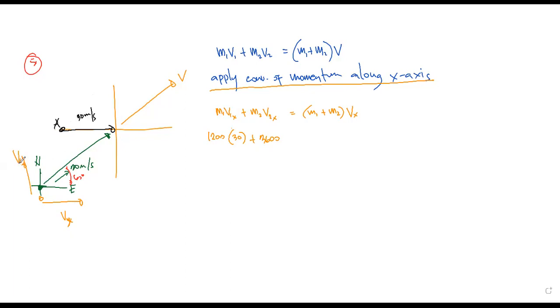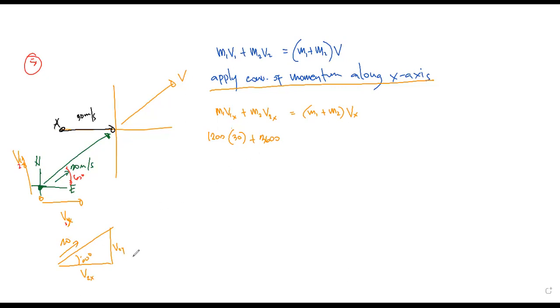So this would be V2y and V2x. If this is 20, so this would be V2x, V2y, 60 degrees, and this would be 20.